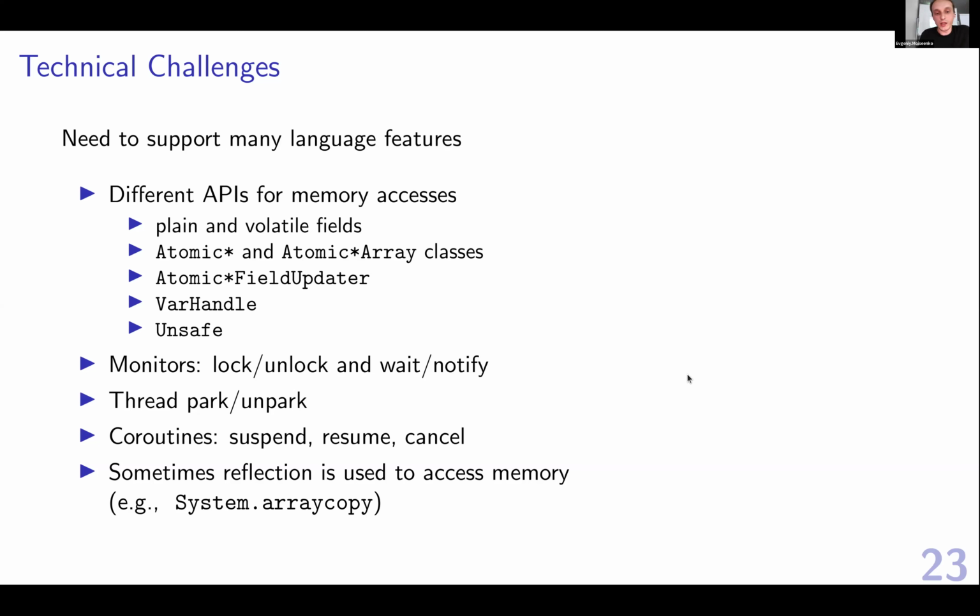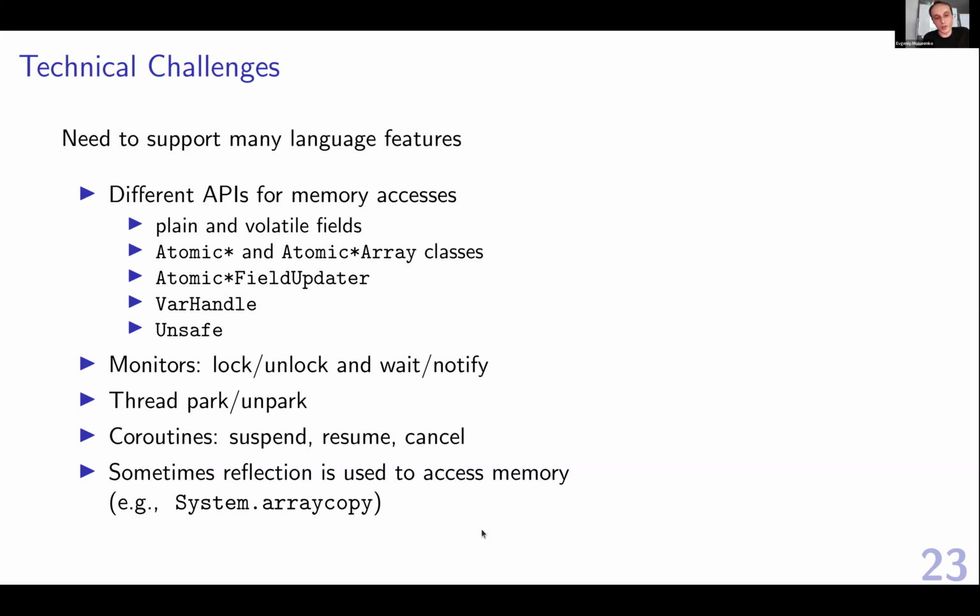Apart from this, we also needed to support other features of Java, like monitors, intrinsic locks, lock and unlock, wait and notify operations with them, and thread parking and unparking. In the case of Kotlin, we also need to support Kotlin coroutine primitives.